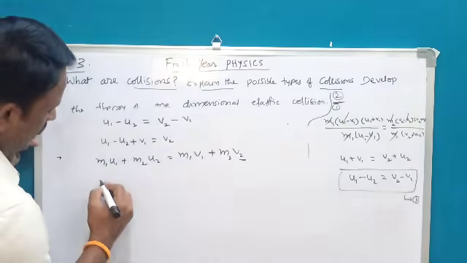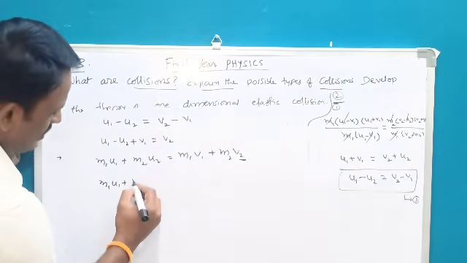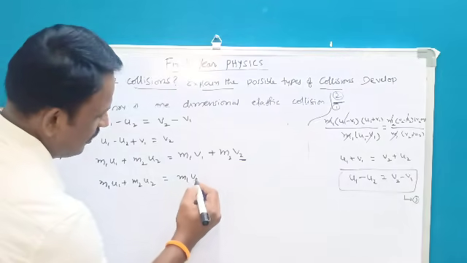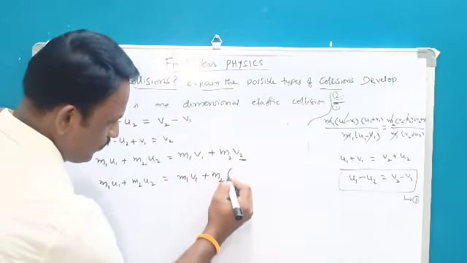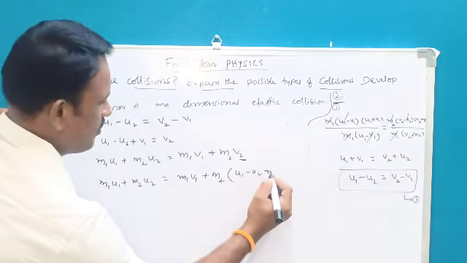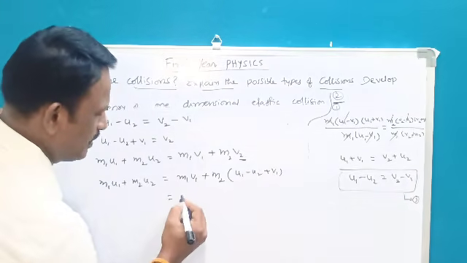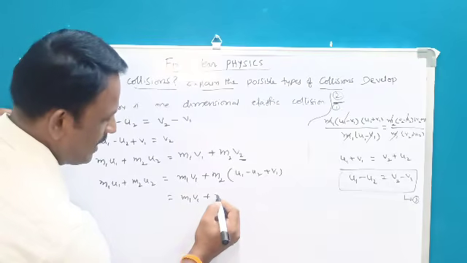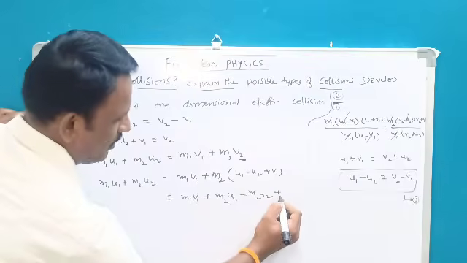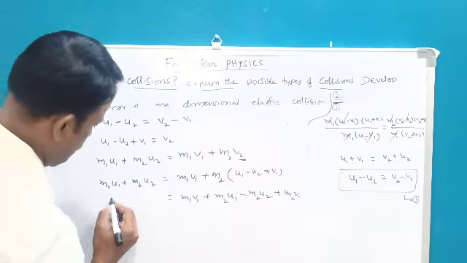So m1 u1 plus m2 u2 is equal to m1 v1 plus m2 times v2, which means u1 minus u2 plus v1. Now simply expand it: m2 u1 minus m2 u2 plus m2 v1, right?